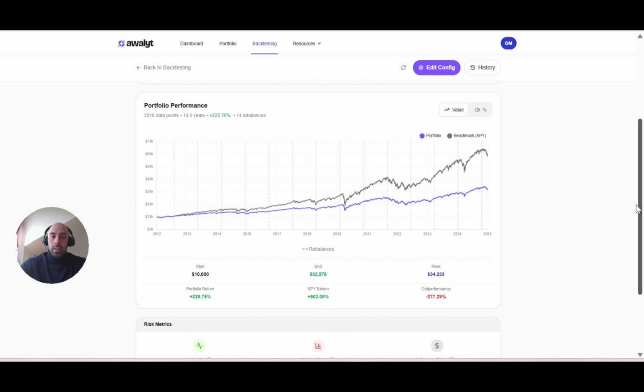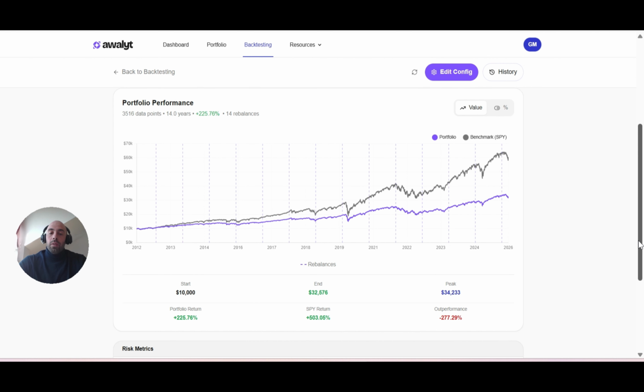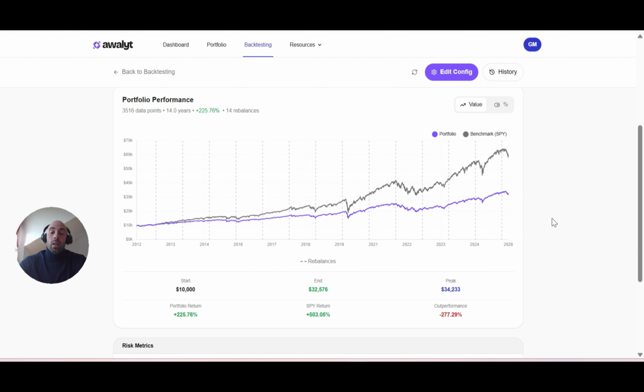Then you can see the performance of this three-fund portfolio and the performance of the S&P 500. Obviously, the S&P 500 has performed much better. So you have an outperformance of 277%.